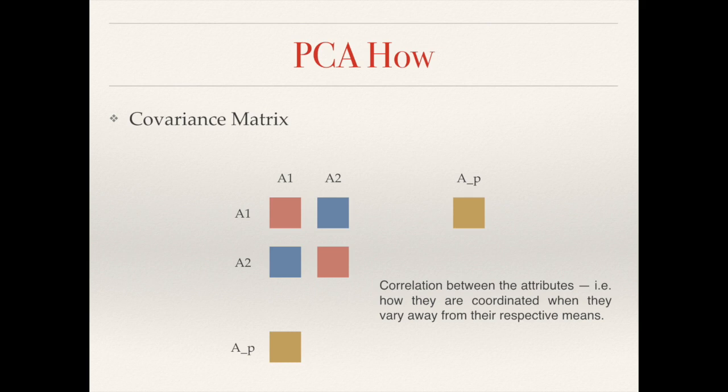So we need only to consider the upper right or the lower left part of the matrix. And the entry of the matrix in the ith row and the jth column represents the correlation between the ith and the jth attributes of the data.